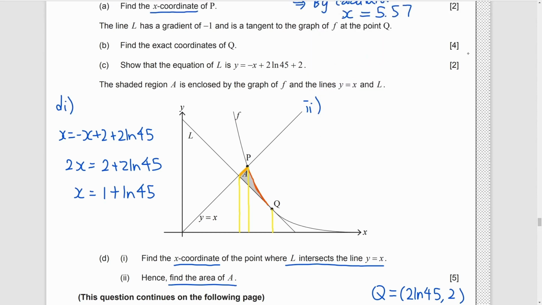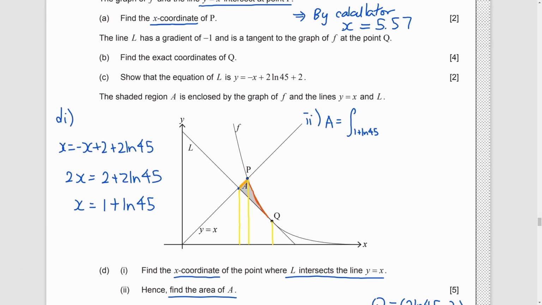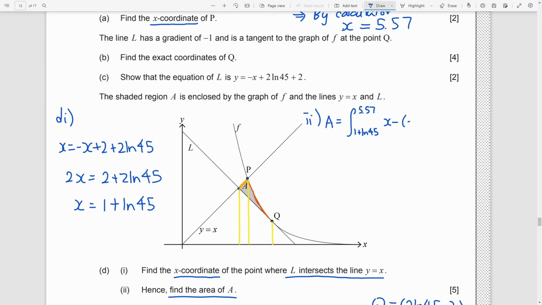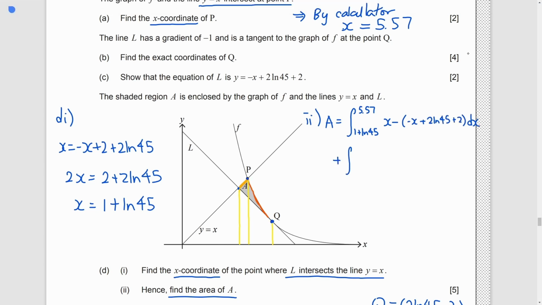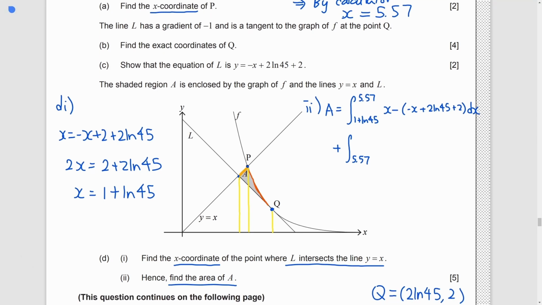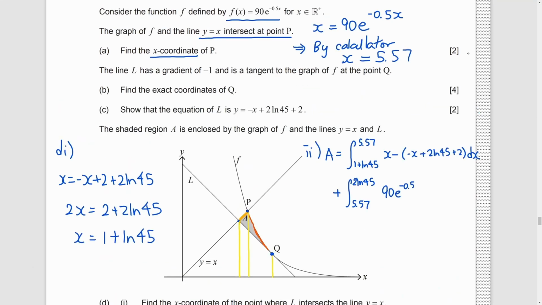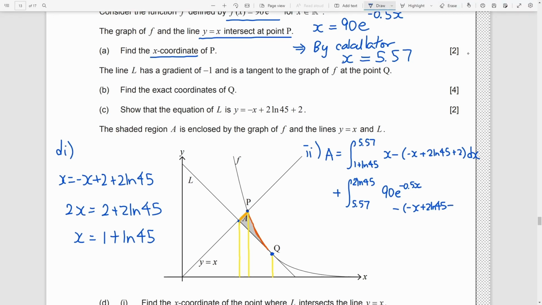For the left part, the orange line y equals x is on top and L is at the bottom, and x is from the x-coordinate of point A to P. For the right part, the red line function f is on top and L is at the bottom, which is from the x-coordinate of P to Q. Finally, input this complicated thing into our calculator. We get 1.52.